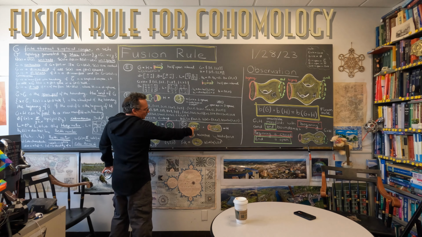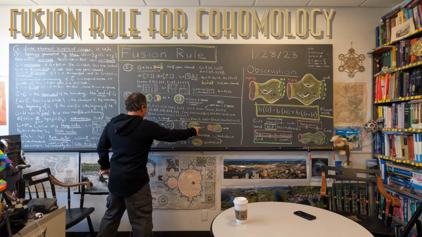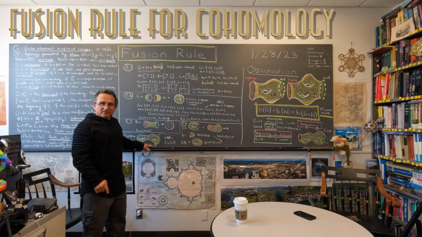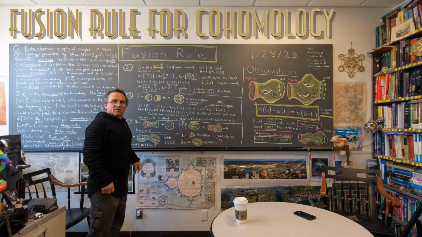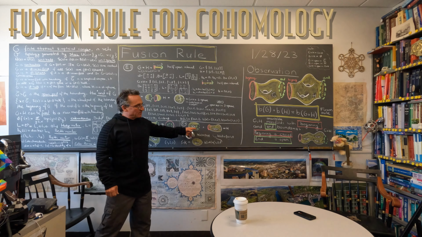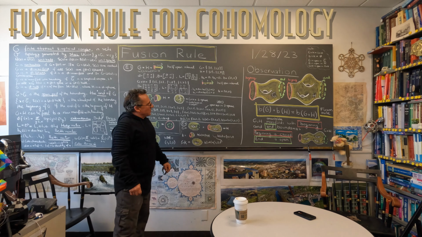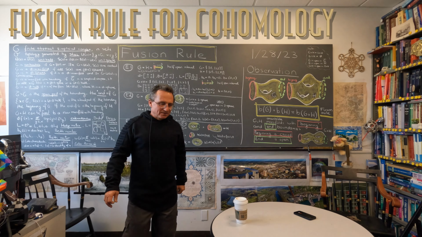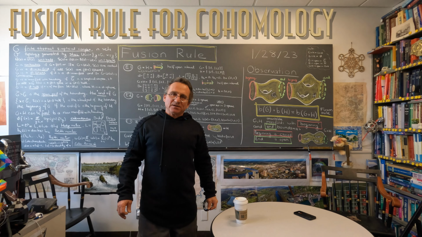I did the computation for how we get the cohomology of this with the fusion rule. If you glue them together, here we get this, which has the Betti vector 1, 4, 1. So this is a genus 2 surface, which has been obtained by gluing together two genus 1 surfaces. So this is just a beginning, and I hope to say more about this in the future.